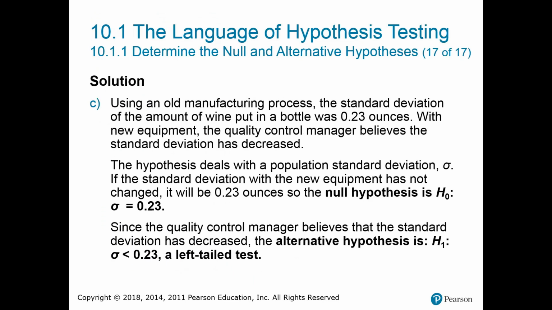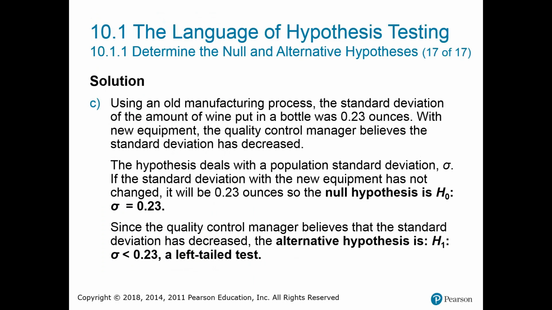C says, using an old manufacturing process, the standard deviation of the amount of wine put in a bottle was 0.23 ounces. With new equipment, the quality control manager believes the standard deviation has decreased. The null would be basically that it's unchanged. Okay, so it's 0.23 ounces.